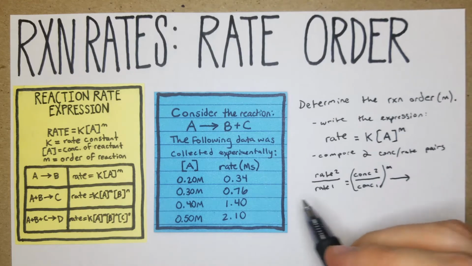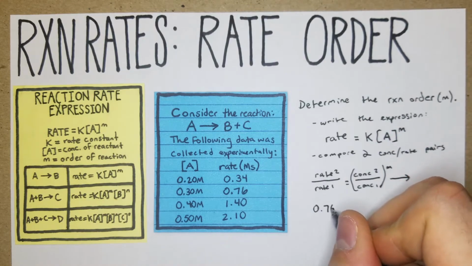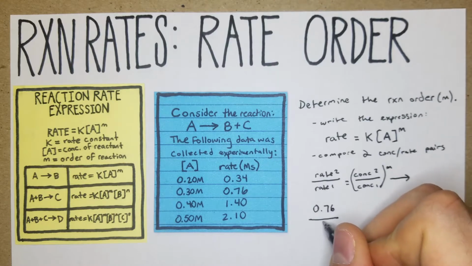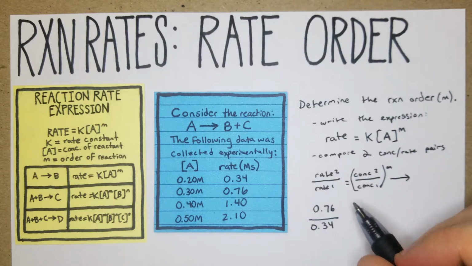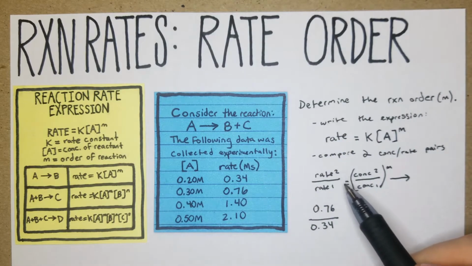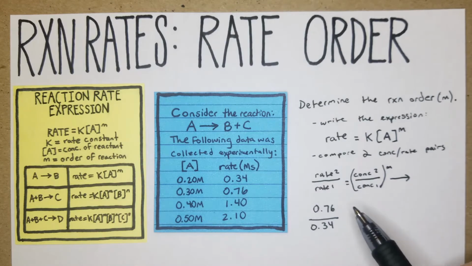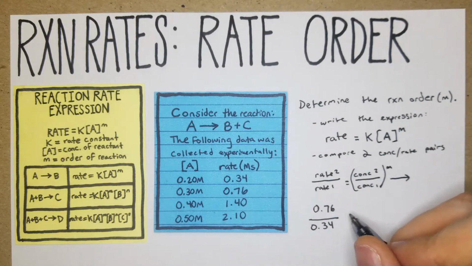If we're choosing two of these, we'll sub in, let's say, 0.76 over 0.34. I believe it is significant that rate 2 should be the higher rate, which often will correlate to the higher concentration.